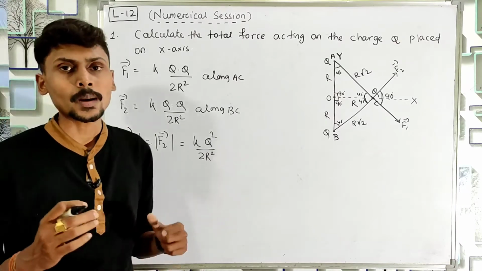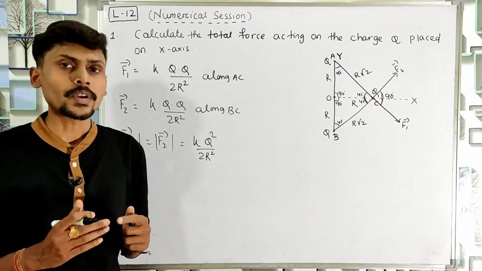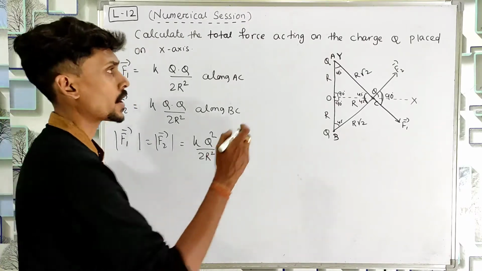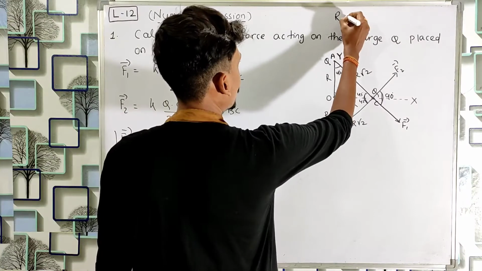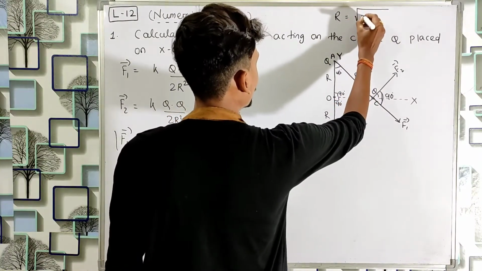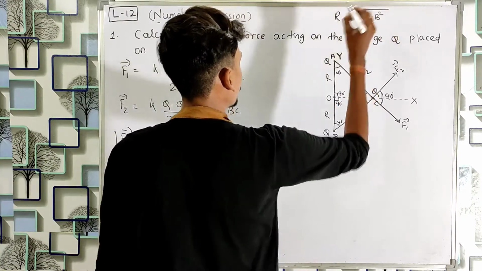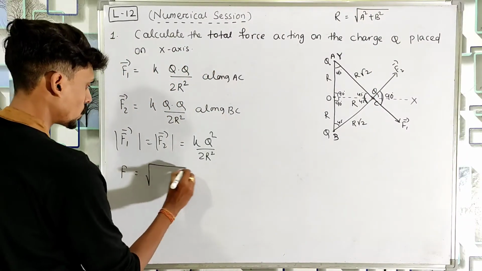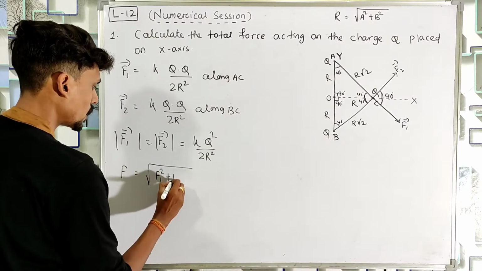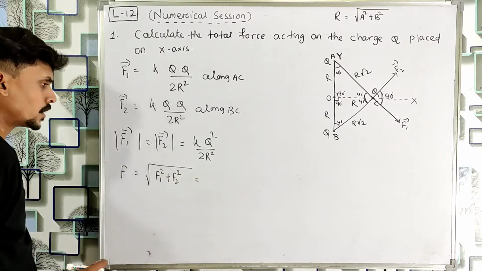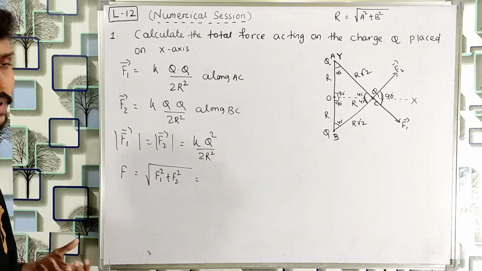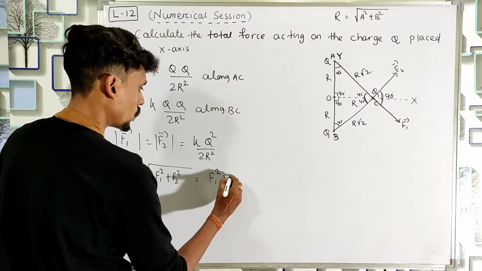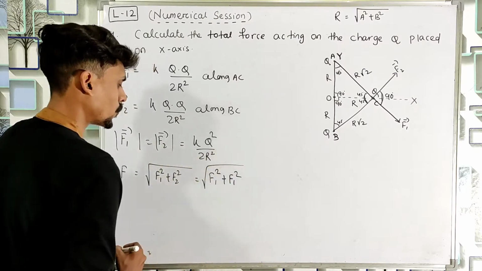In class 11 we discussed that if we have two perpendicular vectors A and B, the magnitude of the resultant vector is R equal to the square root of A square plus B square. Similarly, here the resultant force will be the square root of F1 square plus F2 square. But F1 and F2 have equal magnitudes, so I can write F1 square plus F1 square, because F2 is equal to F1.